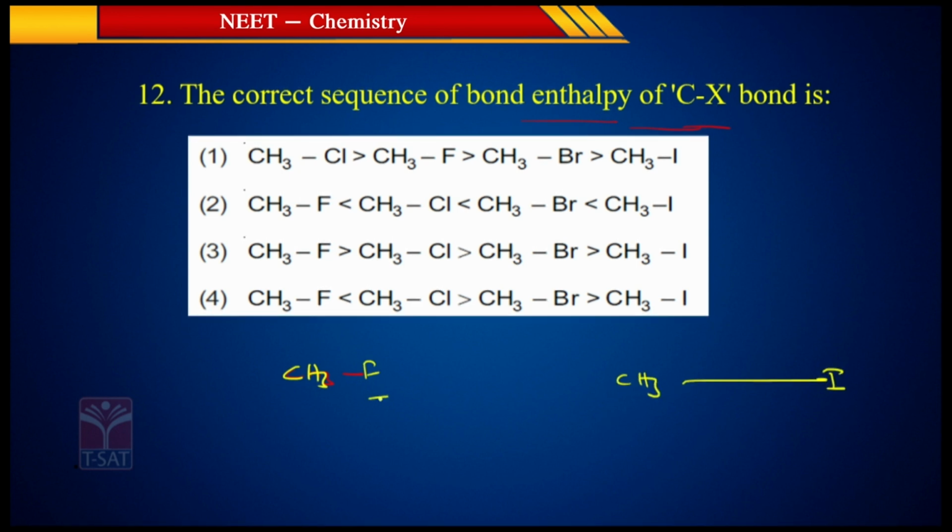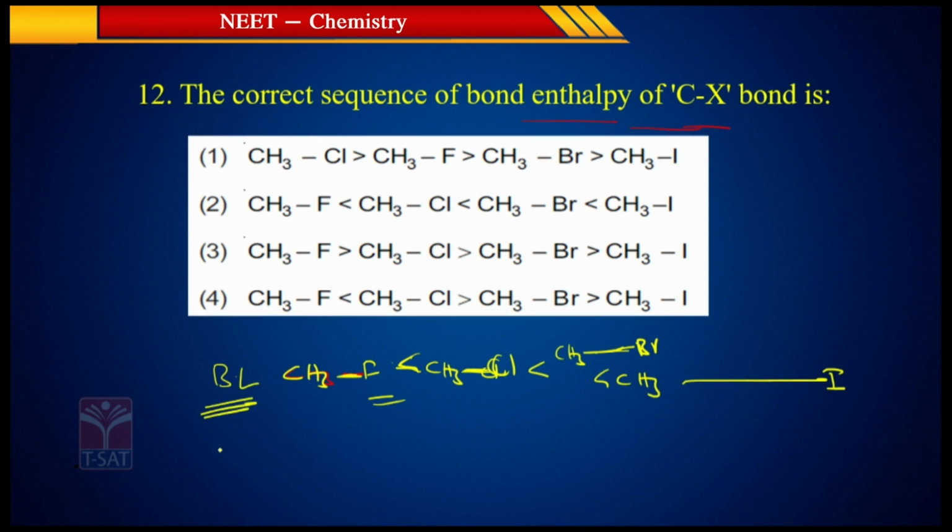As we are moving from top to bottom, the halogen atom size will be increasing, right? So bond length is increasing. Here bond length is less, here bond length is somewhat more. So this is the order of bond length.